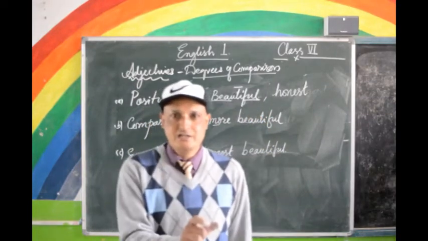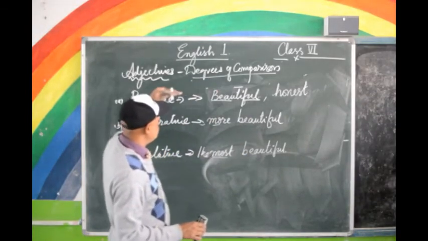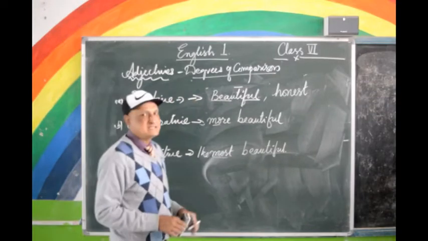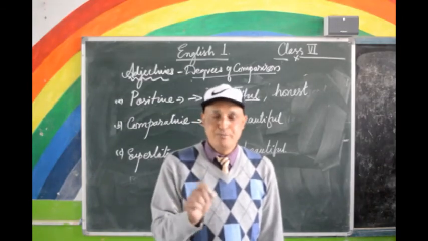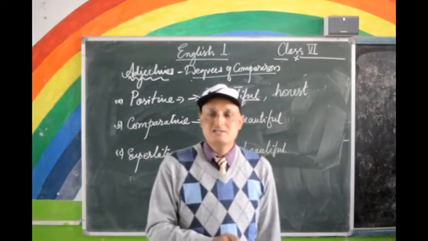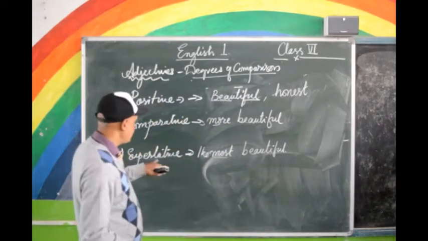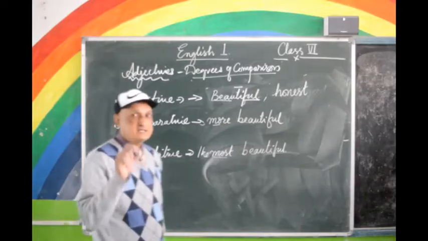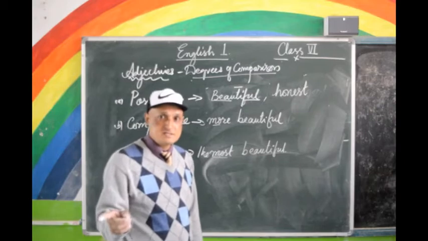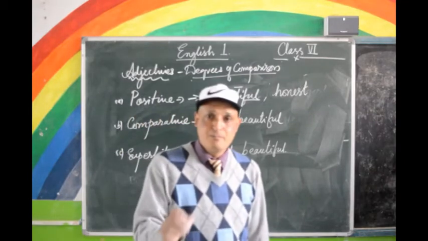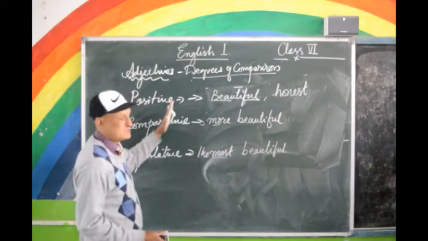Now we can change the adjectives into comparative degree by adding er, as in the case of tall, taller, big, bigger, wise, wiser, hot, hotter, etc. And in the case of superlative degree, we add est, st, as in the case of tall, tallest, thin, thinnest, big, biggest, etc. Okay, these are what we learned about.